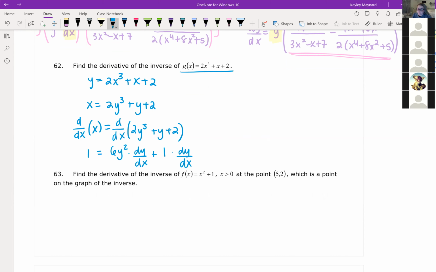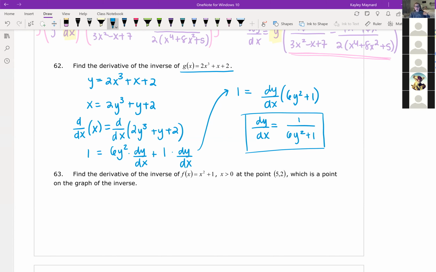So now we just need to solve for dy dx. So 1 equals, and I'm going to pull that term out, and then solve for dy dx. Sorry. 1 over 6y squared plus 1. And that's it.